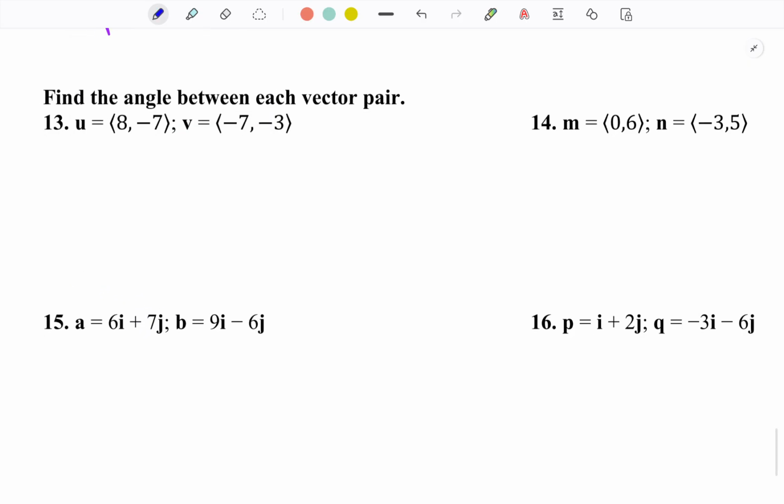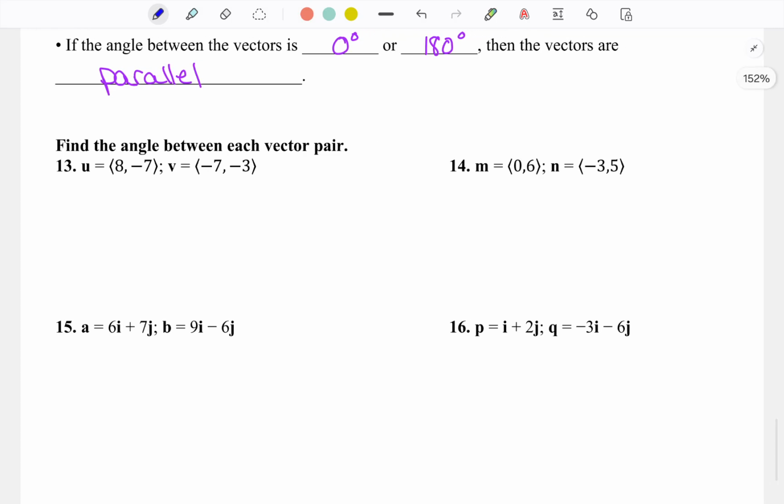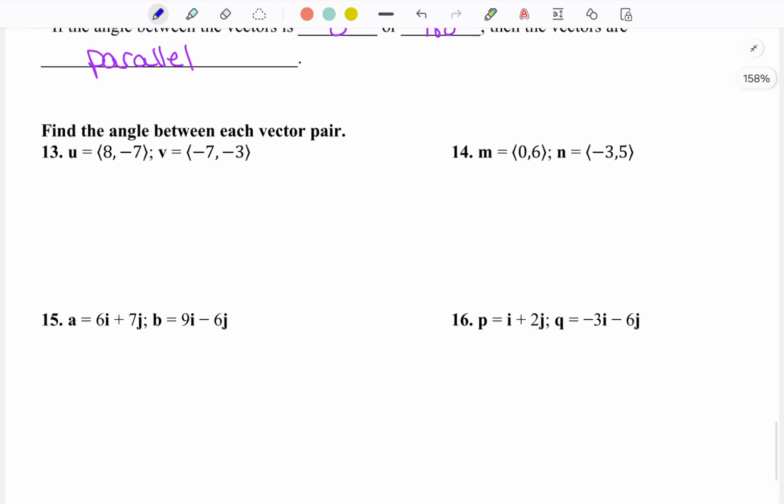So we need to find the magnitude of each. So for u, that is 8 squared plus -7 squared, which is the square root of 113.